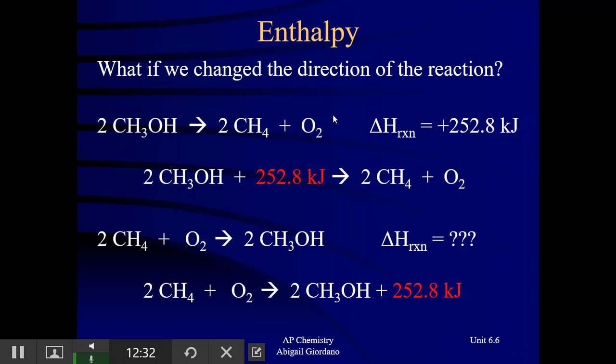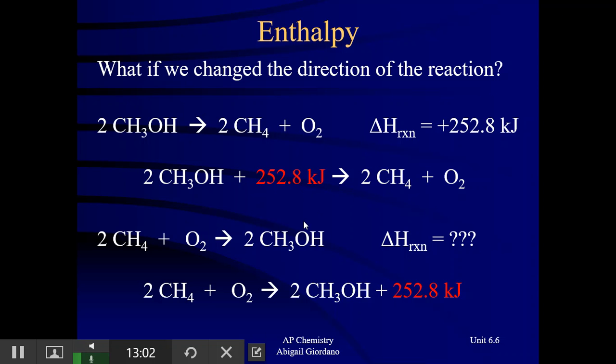Sometimes, ladies and gentlemen, instead of having this written like delta H reaction written out like that, sometimes you'll see the value written directly into the chemical equation. If you see a heat value written on the reactant side, that is telling you, hey, this is an endothermic reaction. Heat is going to be absorbed as if it's like a reactant.